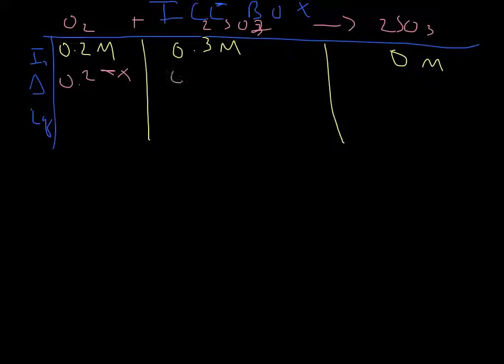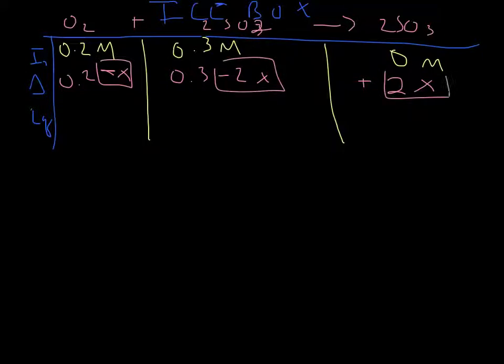We're going to have 0.3 minus 2x, and you get to be plus 2x. So at equilibrium, I guess the minus x would be the change, minus 2x, plus 2x. So at equilibrium, we would have 0.2 minus x, 0.3 minus 2x, and 2x.